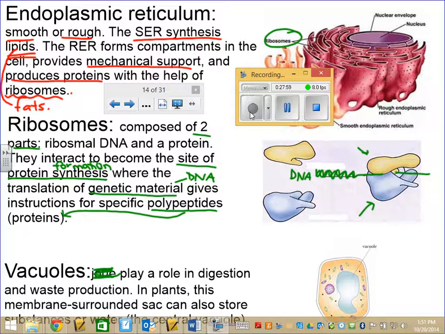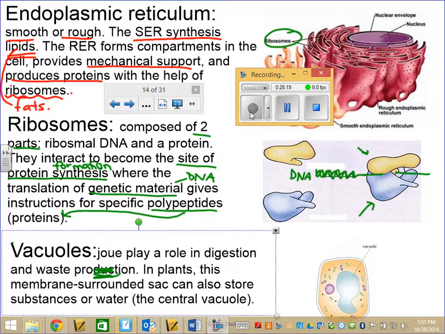So the last thing on this slide is a vacuole. Vacuoles play a role in digestion and waste production. And so a vacuole is actually a pretty general thing. I'm just going to make this move a little bit so we can see it.